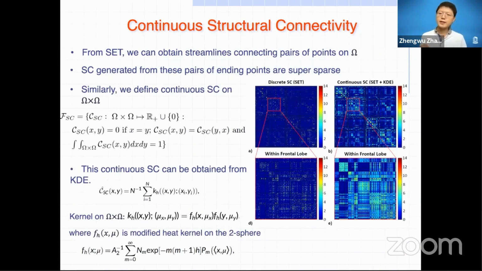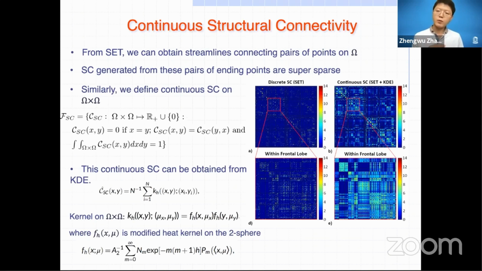Similarly, we can define the continuous structural connectivity from the tractography algorithm we introduced. Once you have those ending points on the surface, this whole process is just like a point process on the domain omega cross omega, and you can estimate the mean function from this point process.